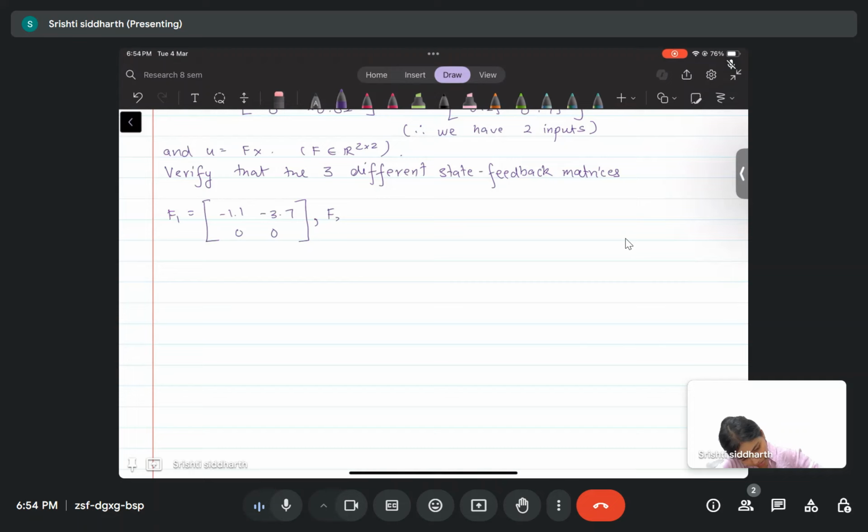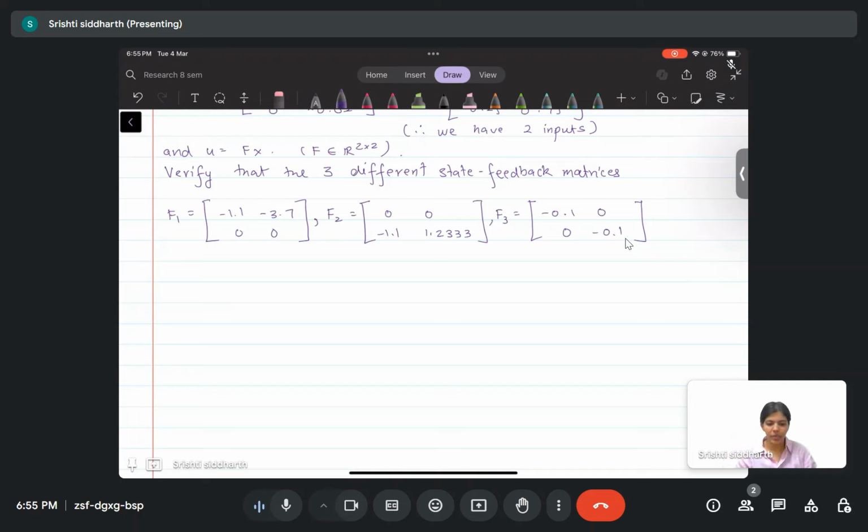And then there's another feedback matrix. And finally F3, which is -0.1, -0.1, 0, 0. Okay, let's just complete the section.